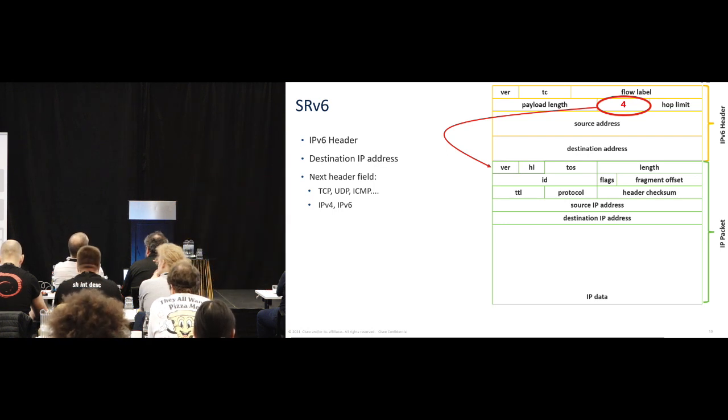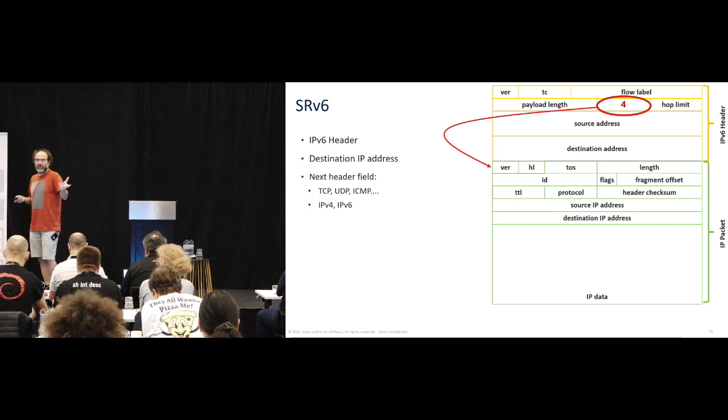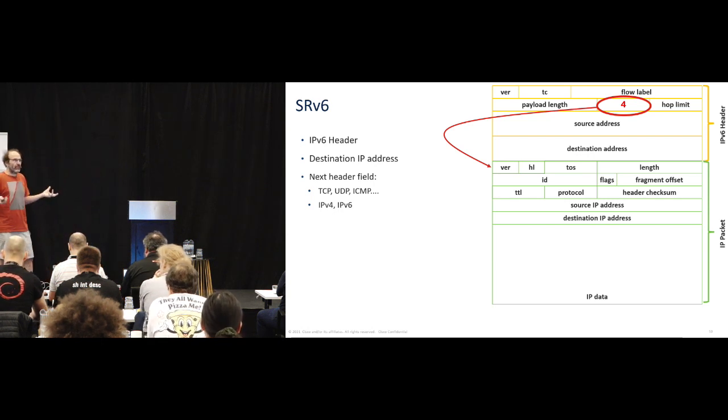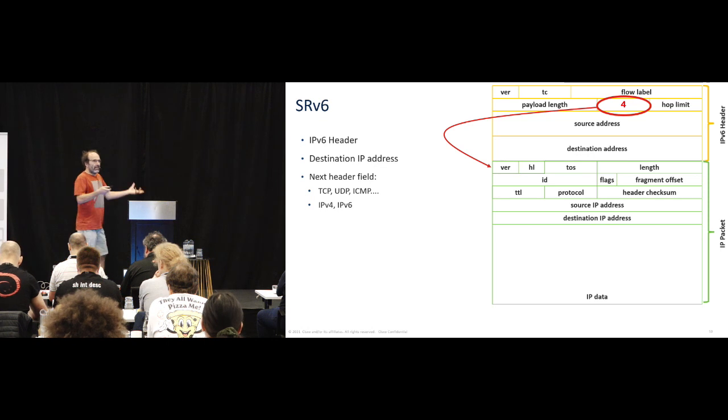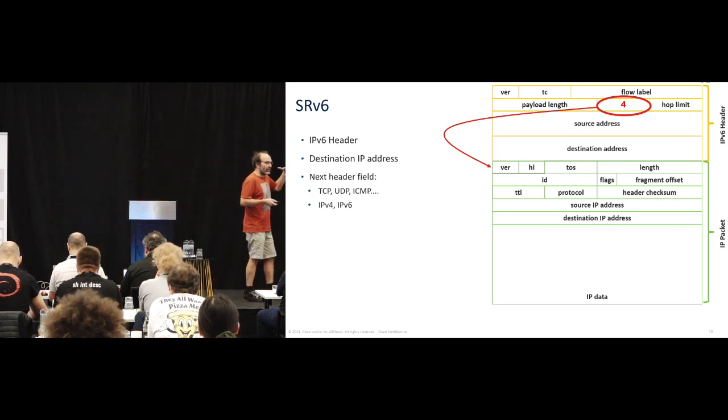And it's quite common, it's happening very often. So you can take an IPv4 packet and encapsulate it into an IPv6 packet. Then your network, which today is MPLS or VXLAN, can be just IPv6, and you can encapsulate everything into IPv6.